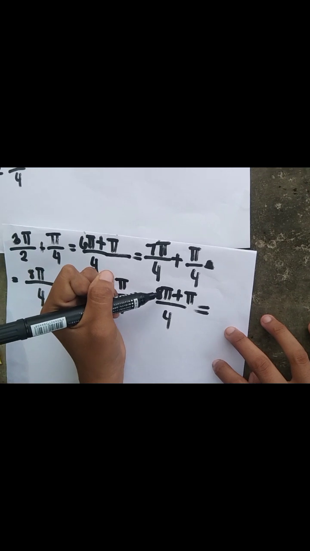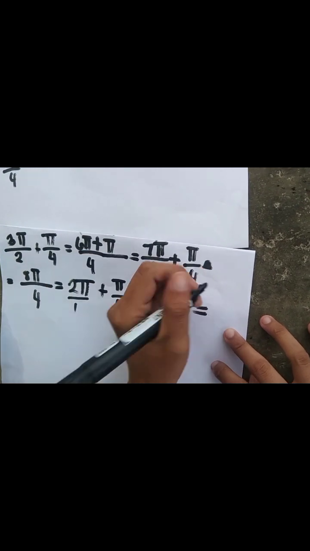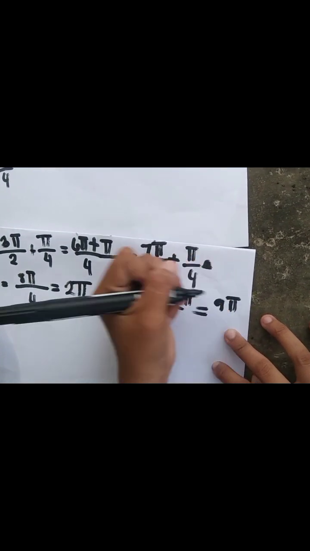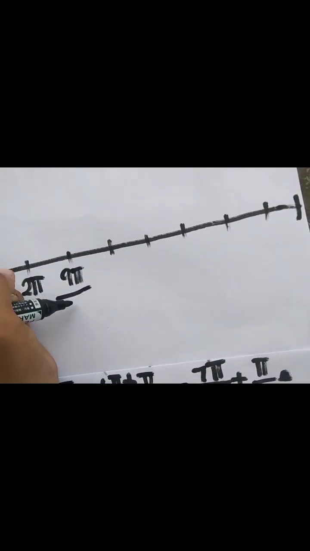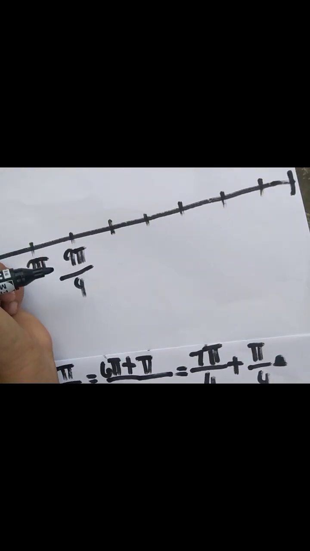Then 8 pi plus pi equals 9 pi over 4. So our next point is 9 pi over 4.